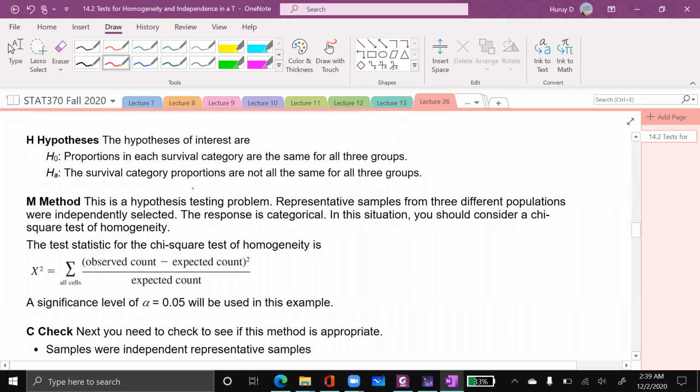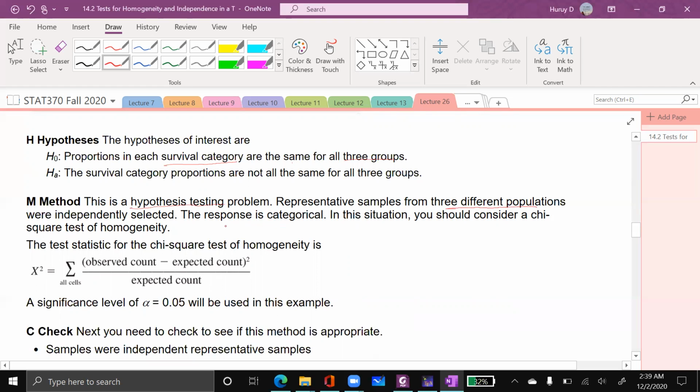Now, going back to that same example, we follow all the steps. So the hypothesis, we write it this way: proportions in each survival category are the same for all three groups. These are the three different houses or floors. And the method for this one is, of course, a hypothesis test problem, and we have three different populations.